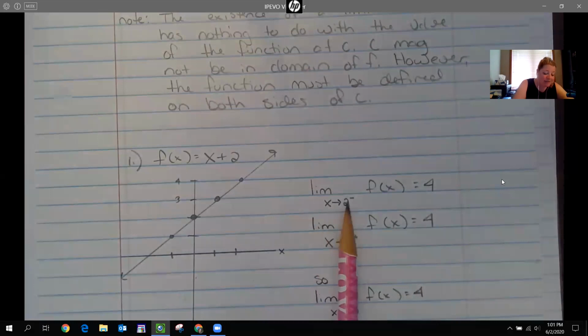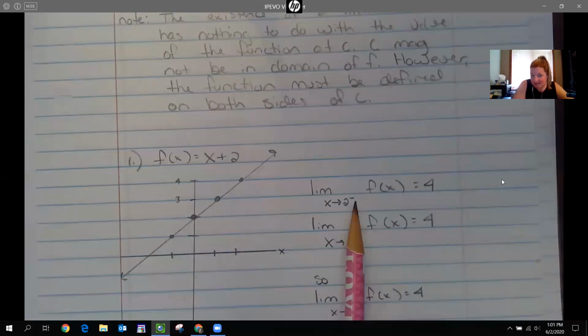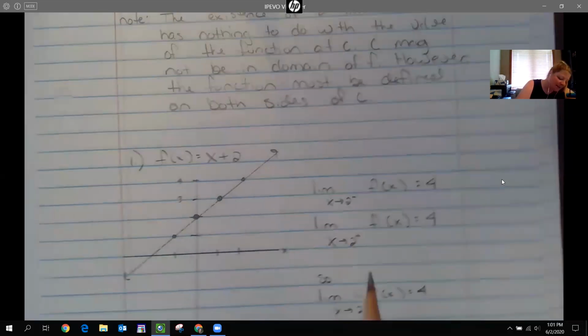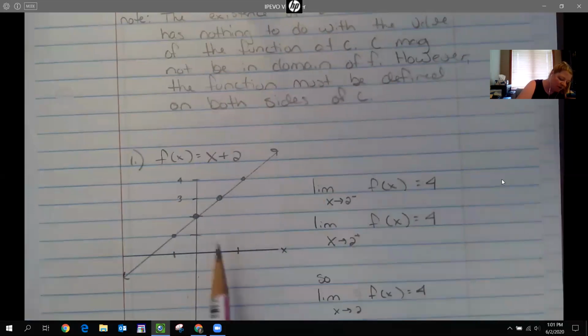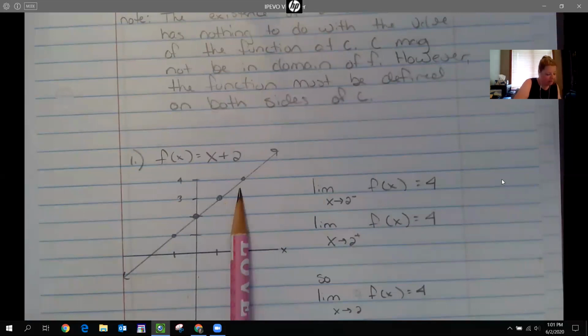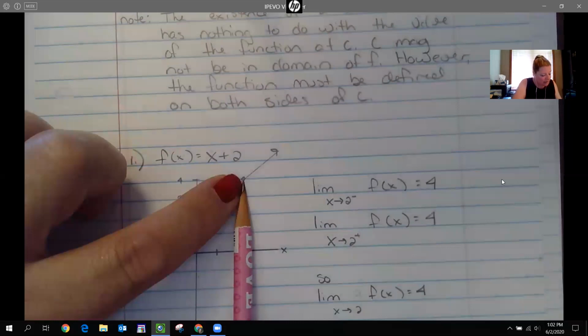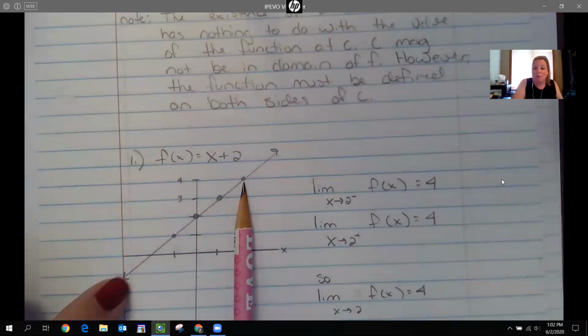from the left? This symbol means from the left. So what is the limit as x approaches 2? Here's our 2, and we're coming in from the left. What are we going to on this value? I didn't draw it exactly perfect, but we're going up here to 4. That's what the left side's doing. Our graph is going to 4.